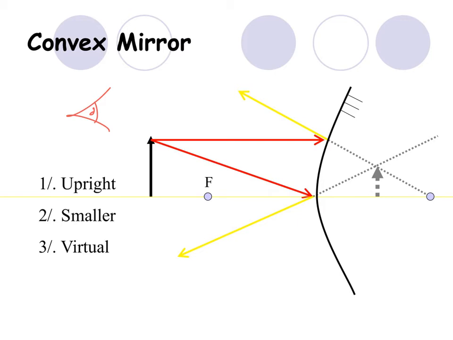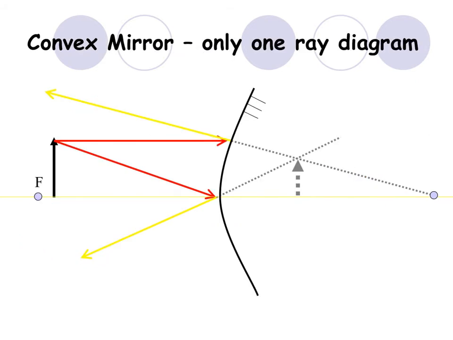So my eye constructs an image behind here, which as you can see is smaller, virtual and upright. So quite different from the previous one. And it really doesn't matter where I put my object, whether it's inside or outside the focal length, I still get this virtual image which is diminished.